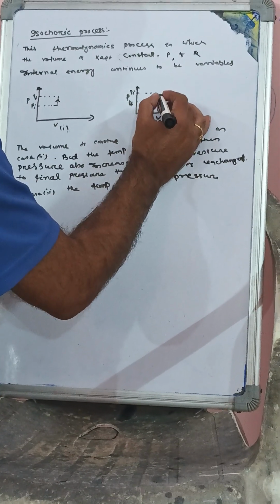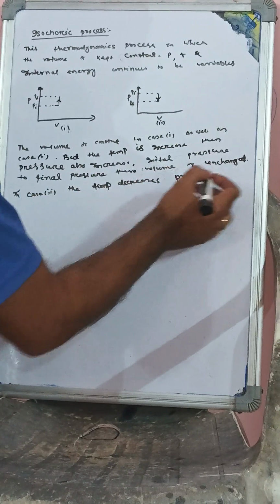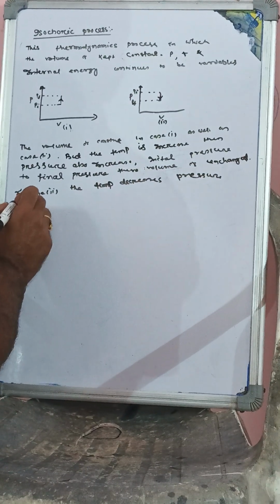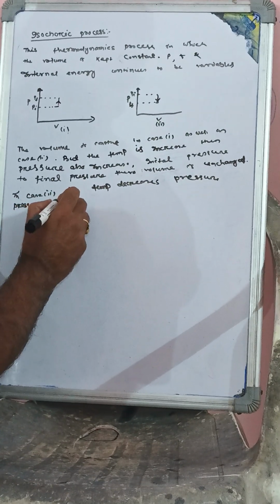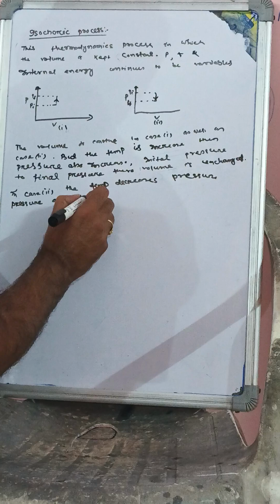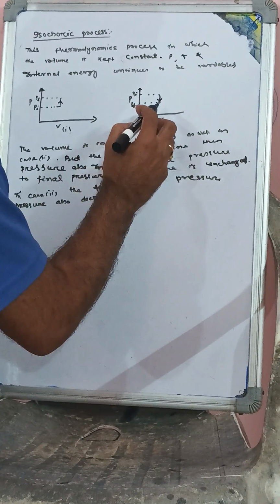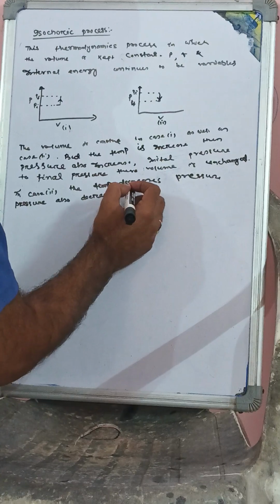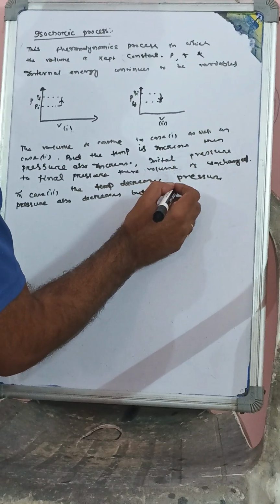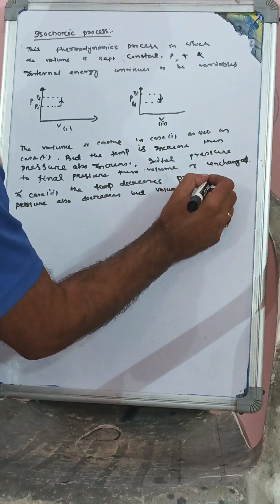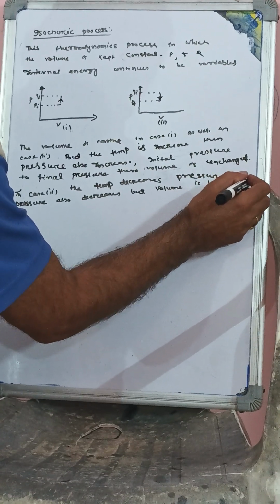If the temperature decreases, pressure also decreases, but volume is unchanged or remains constant.